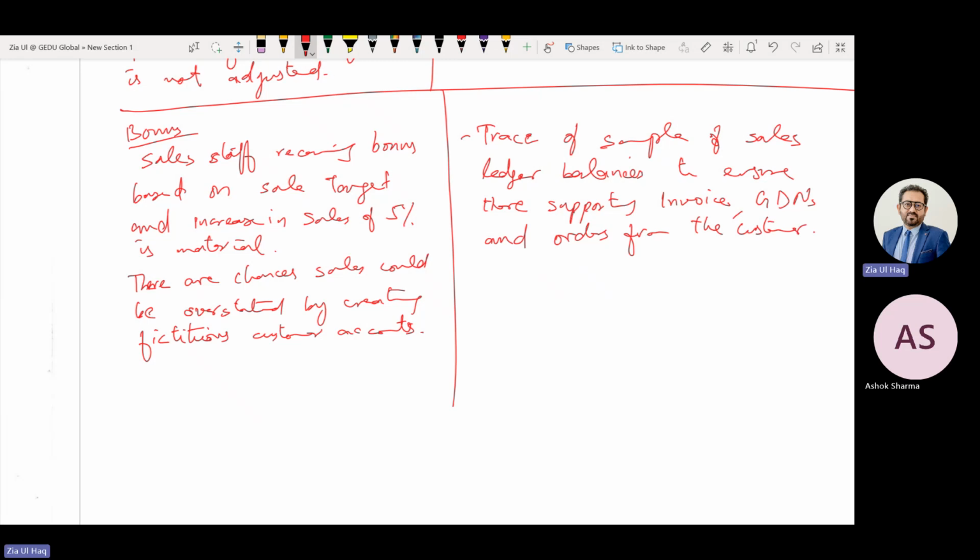Because if they are there, the sale is not fictitious. If supporting documents are not there, the sale is fictitious.